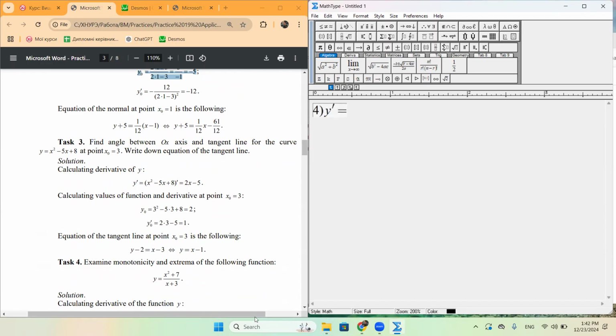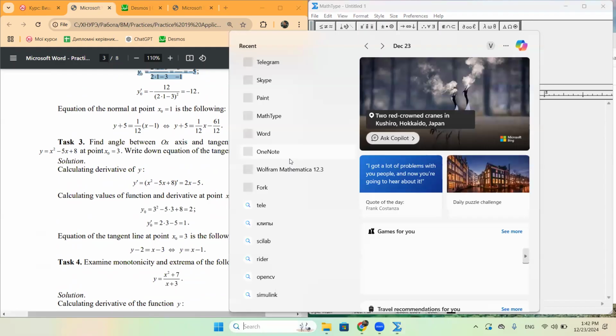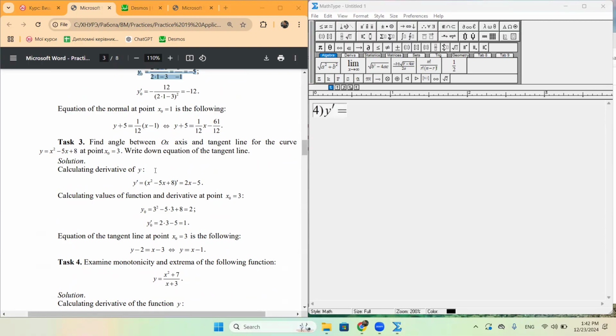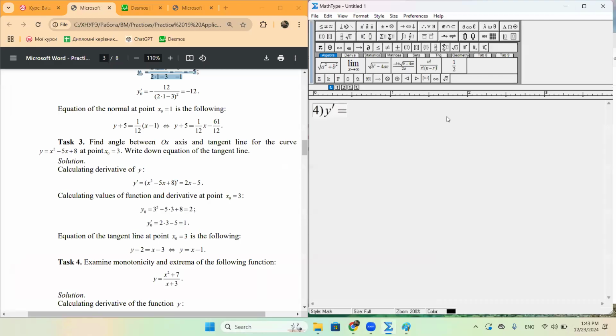And by the way, reminding you, when the first derivative is positive, it means that the function increases. When it's negative, the function decreases. So now let's differentiate.